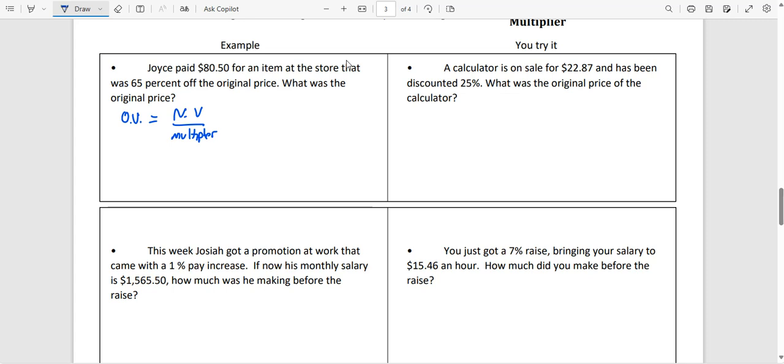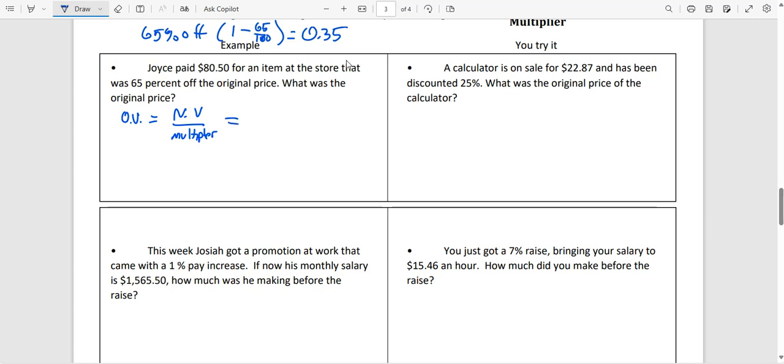What we do need to do is take the 65% off and think through what is that. 65 over 100. And that is 0.35. In other words, if it's 65% off, we still owe 35%.